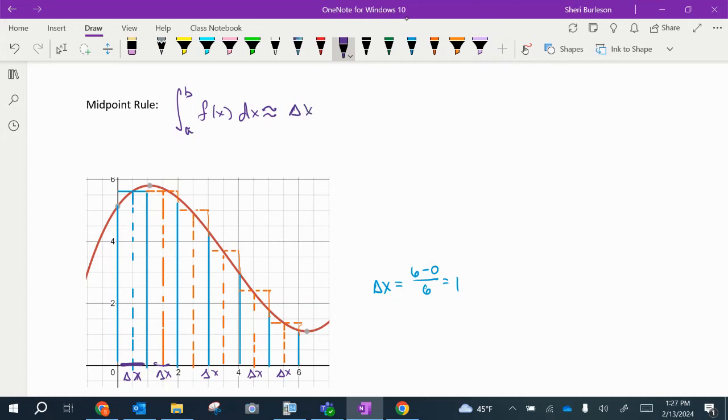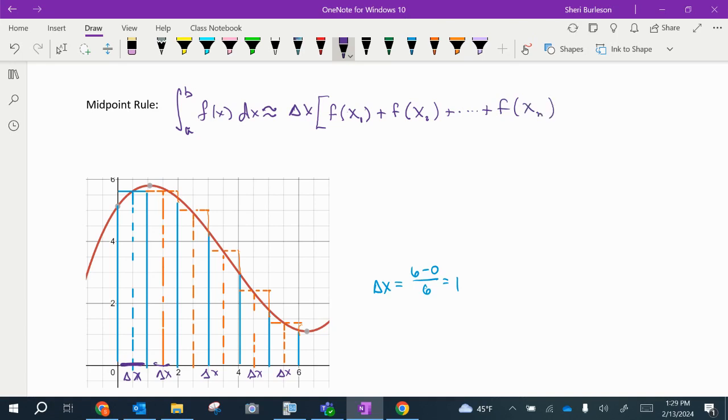I could write it with each rectangle, but it's going to be the same in all of them, so I can factor that out. And then I'm going to take the function value at the midpoint. So x sub 1, my x value on my first interval, plus f of x sub 2 for my second interval, all the way up to f of x sub n.